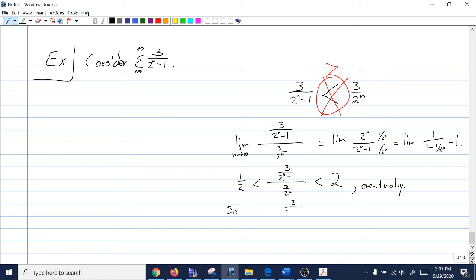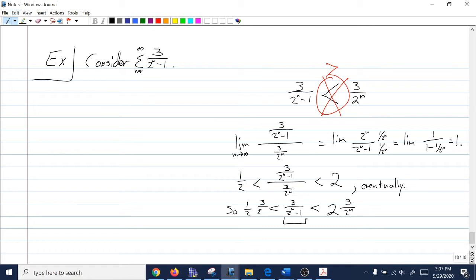So we have 3 over 2 to the n minus 1 is less than a constant multiple of 3 over 2 to the n, and it's bigger than a constant multiple of 3 over 2 to the n. Well, I know a constant multiple of 3 over 2 to the n converges if and only if the original converges. That constant multiple isn't doing anything.